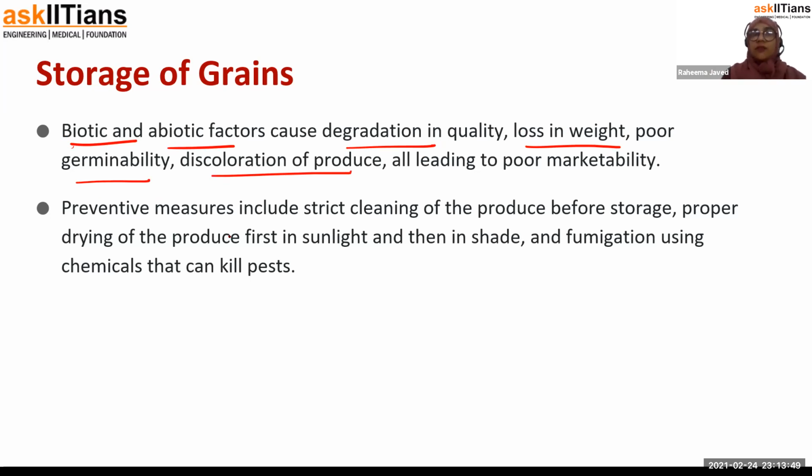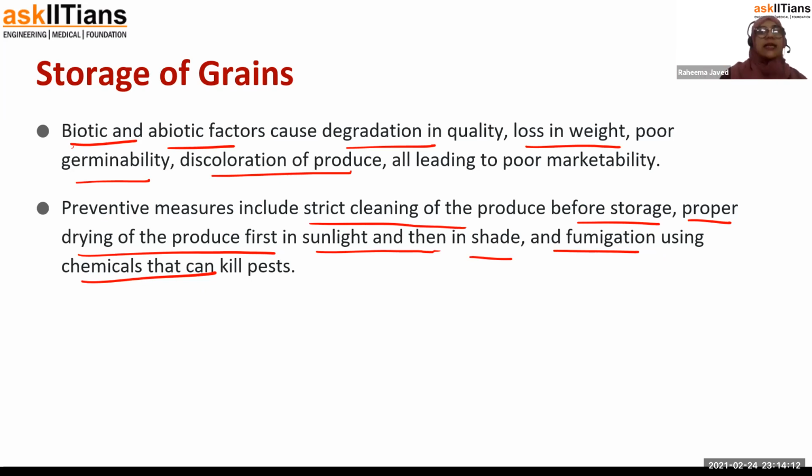Preventive measures are there, obviously, and they include strict cleaning of the produce before storage, proper drying of the produce first in sunlight and then in shade, and then fumigation using chemicals that can kill pests. In fumigation, the chemicals are boiled first, the temperature is raised, and then it is sprayed. It is thought that fumigation increases the chances of killing the pests.